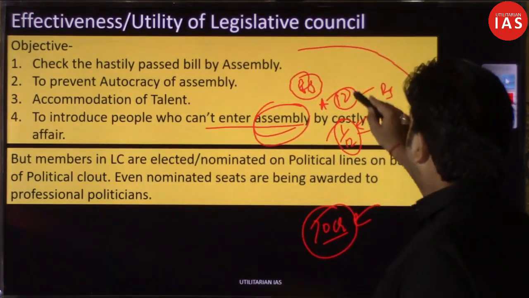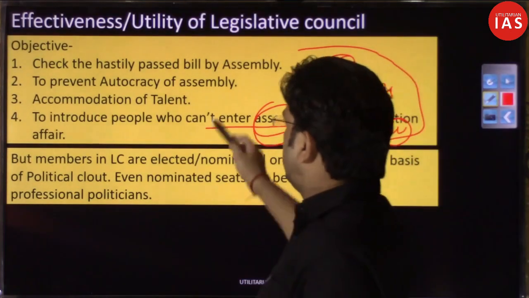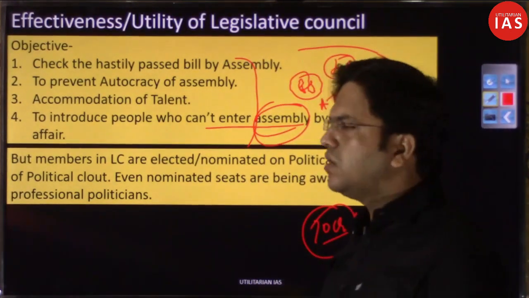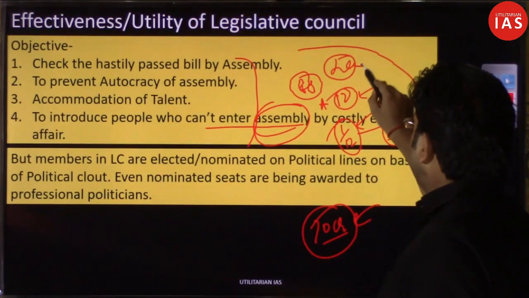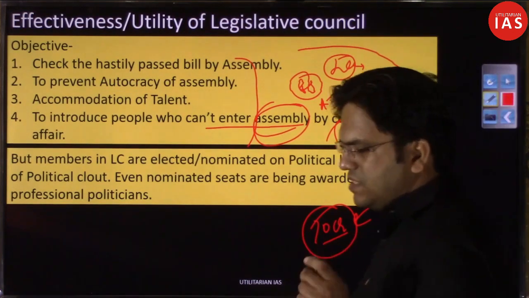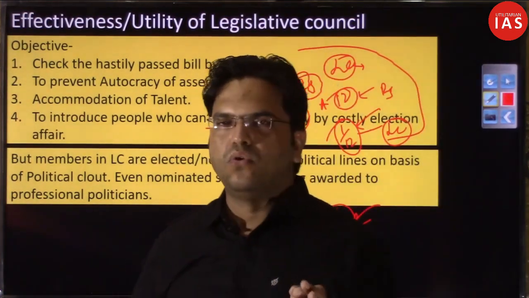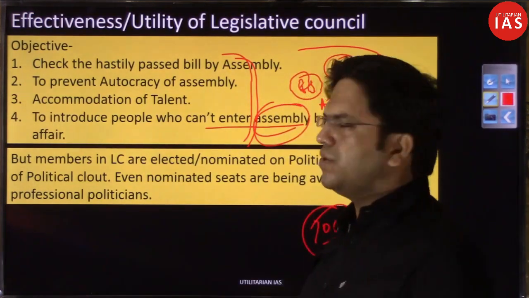And if you compare the power that the legislative council has been given, taking all those points into account, you will realize that the legislative council, to many extent, has not been able to fulfill the goal or objective that was envisioned in the constitution. Not completely, that would be a strong word.